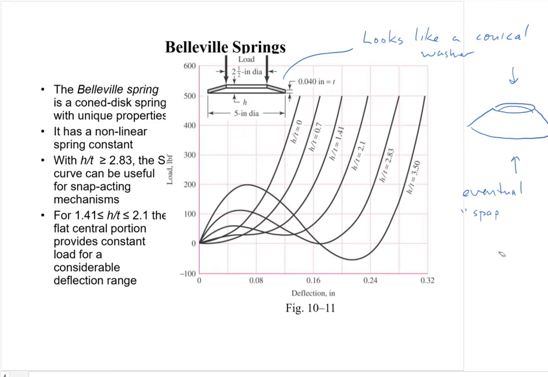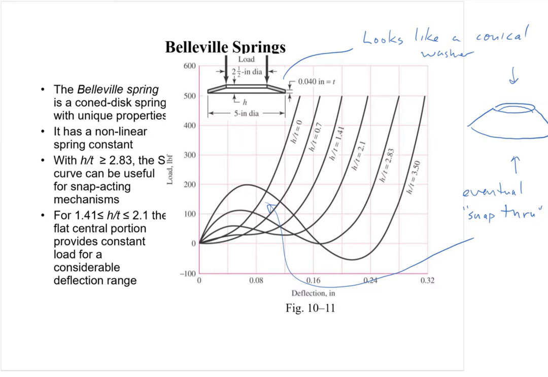That's what's happening here, the snap through, where all of a sudden you get a negative stiffness. It's a highly nonlinear stiffness, and after it's done almost snapping through, obviously the stiffness will go significantly up.